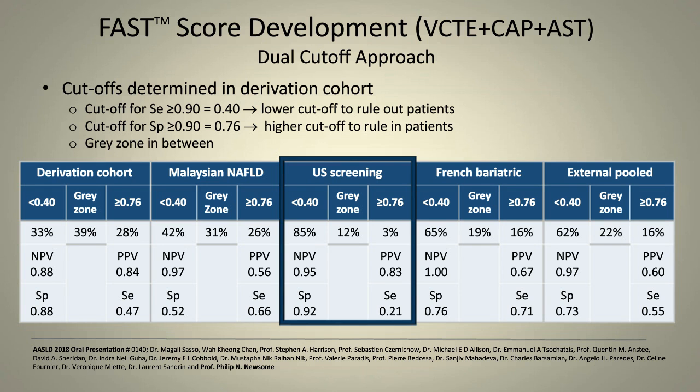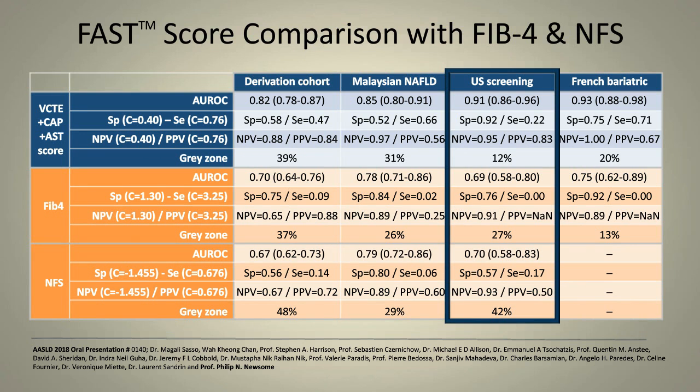Now, you might say to yourself, how does that stack up to FIB-4 and NAFLD fibrosis score? Well, I'm glad you asked. In the top category is the FAST scoring system, and you see the ROC, the specificity and sensitivity, PPV and NPV. And as with any test that has optimized sensitivity and specificity, there's an indeterminate zone, or this gray zone.